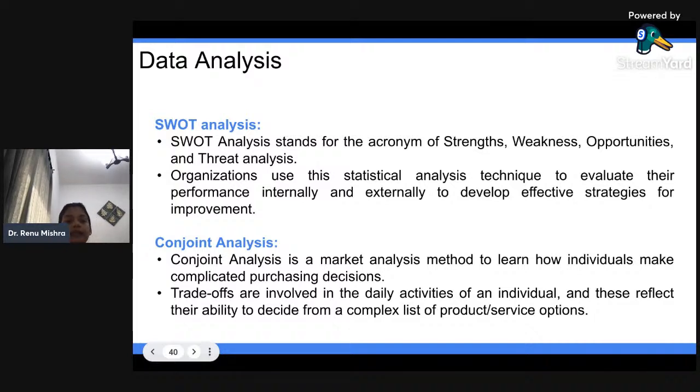Then comes conjoint analysis. Here you are trying to understand complicated purchasing decisions, like what is the option or the choice of consumers towards a particular product.